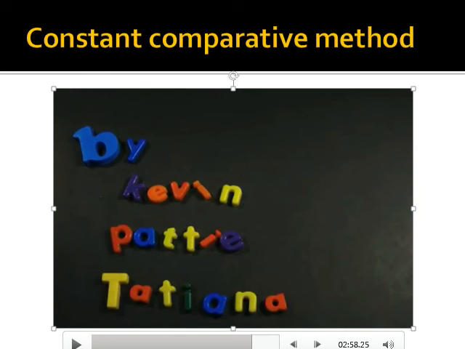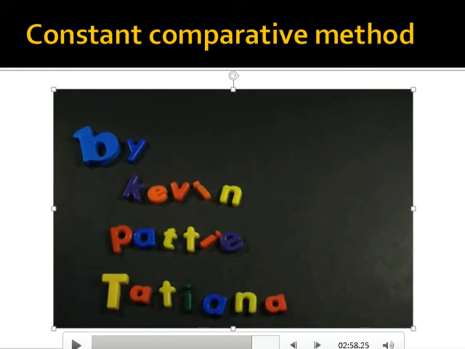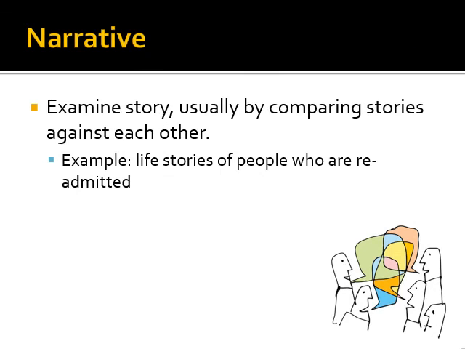And I'll add that the constant comparative method is used commonly in a lot of other forms of qualitative research, even outside of grounded theory. It's just a very popular way of coding data. Narrative qualitative research usually is an examination of story by comparing stories against one another.